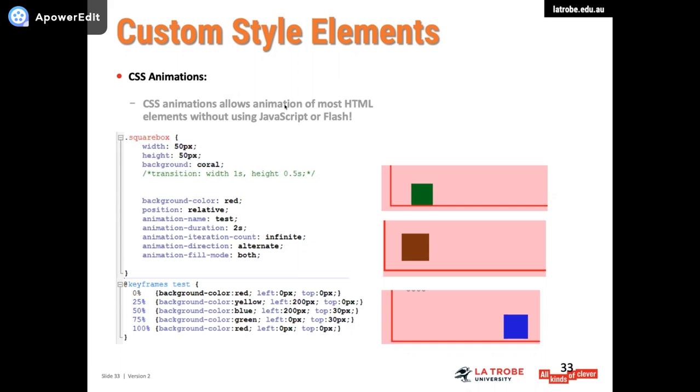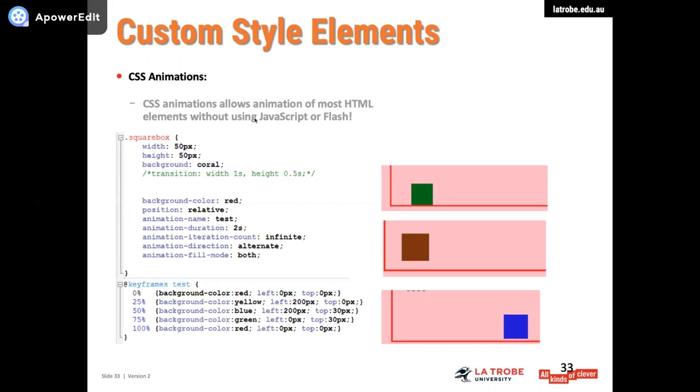But using JavaScript and Flash, which is good of course, will make your website very heavyweight. If you have too many JavaScript or Flash elements, it will take a longer time to open the web page. But if you can achieve these dynamic elements by only using HTML and CSS, this makes your website much more lightweight.